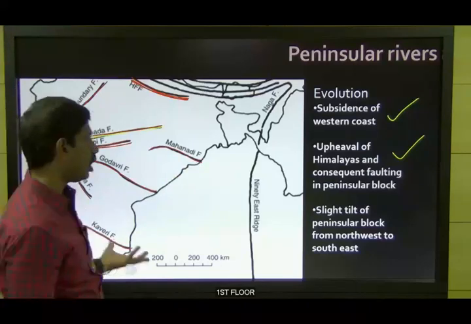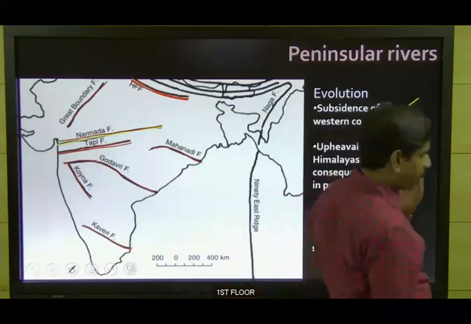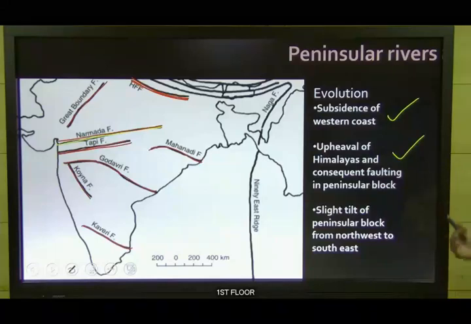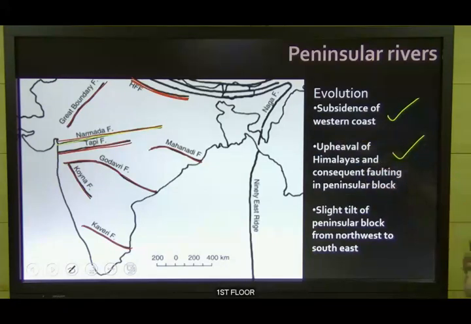So all these faults were occupied by the surface water which was collected. They started occupying these faults and gaining access to the sea. Okay, so the faulting due to the plate collision and the upheaval resulted in the formation of the drainage system in the peninsula.